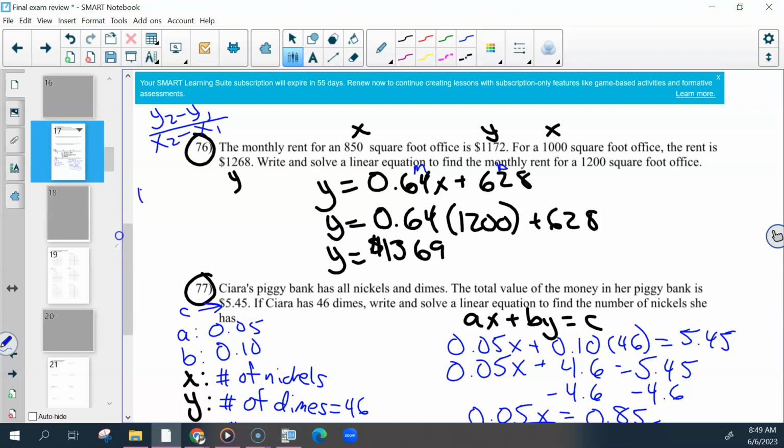So this would be 1268 minus 1172 over 1000 minus 8. And you can put that all in your calculator at once or figure out what that is individually.